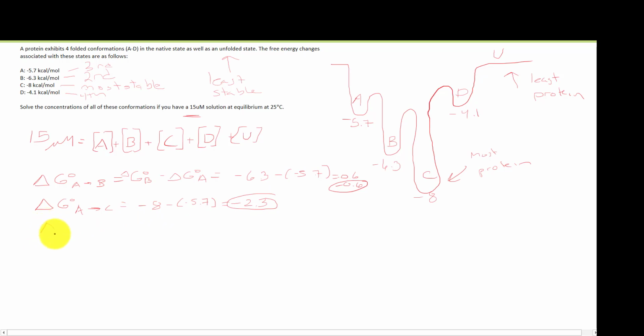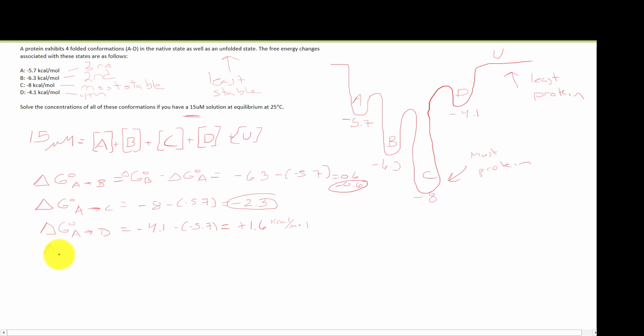Then I'm going to go to D. D is negative 4.1 minus negative 5.7, so in this case we're going to end up with positive 1.6. That should make sense because we're going from a lower to a higher number, being more positive. That shouldn't be favorable, but it can happen. So that's 1.6 kcal per mole.